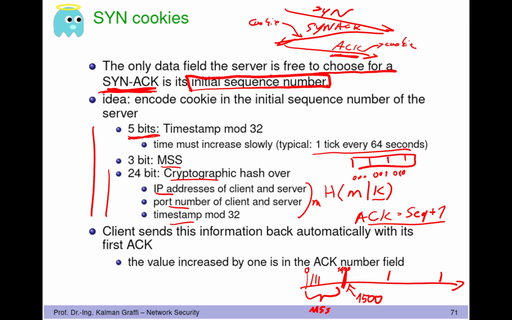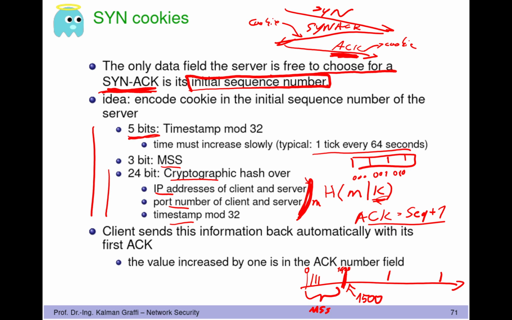If you send this as your sequence number and the acknowledgement is referring to it, you can recreate what sequence number you used at that time, and you can check with your secret key whether you created the message or not. If you take the message that you received, you add your key and you get the same hash that has been sent, then you verified that you are the original author.